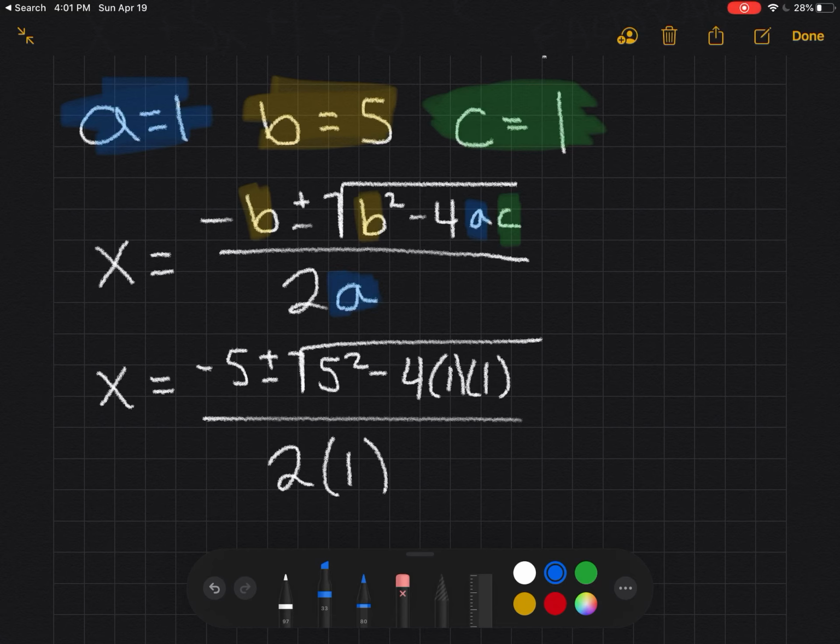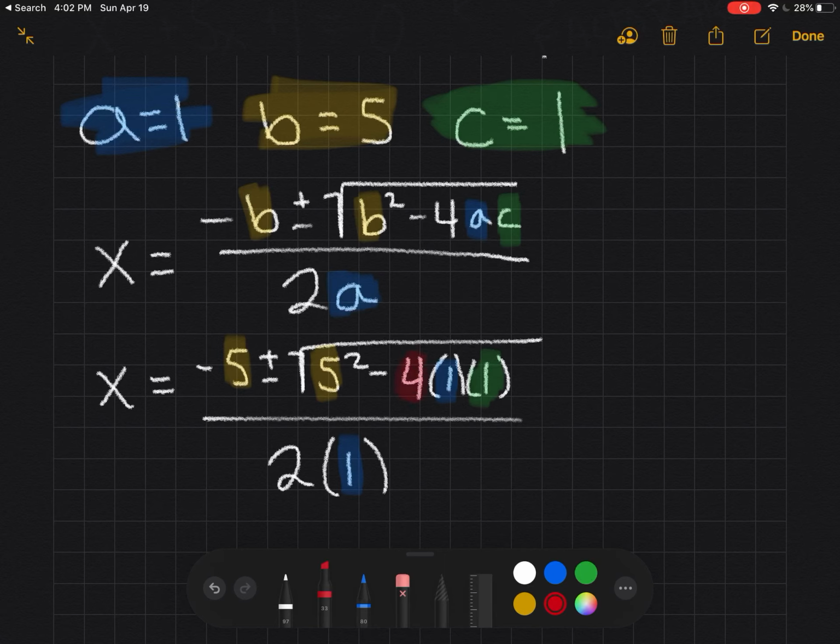So x is equal to negative 5 plus or minus the square root of 5 squared minus 4 times 1 times 1, all over 2 times 1.